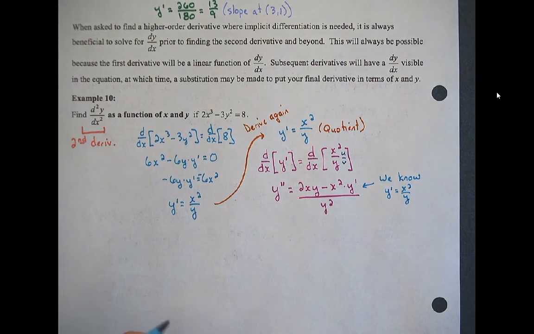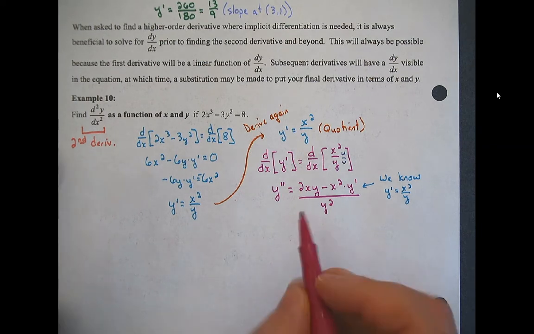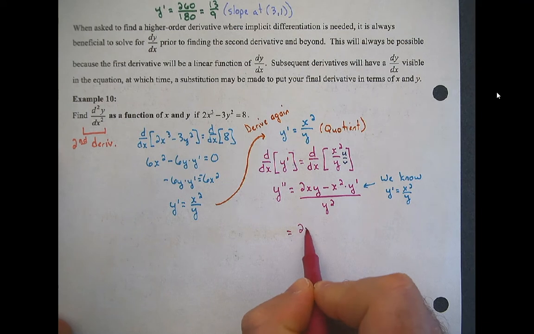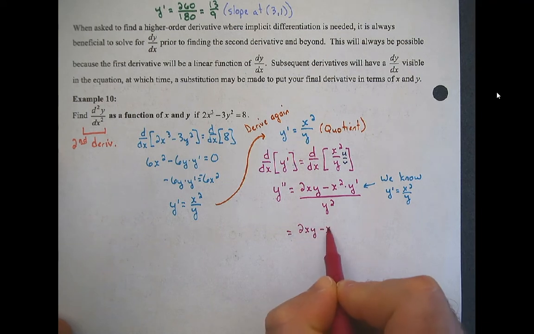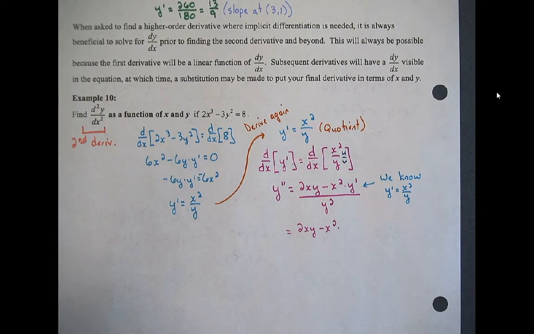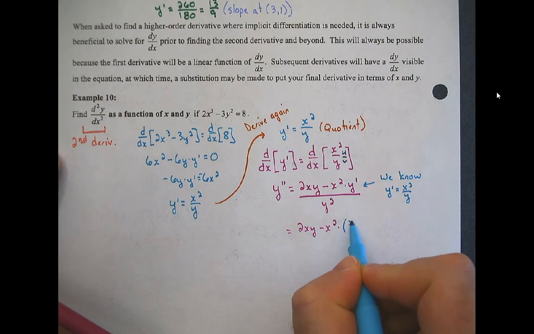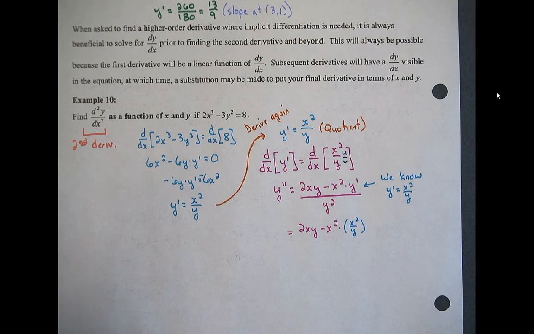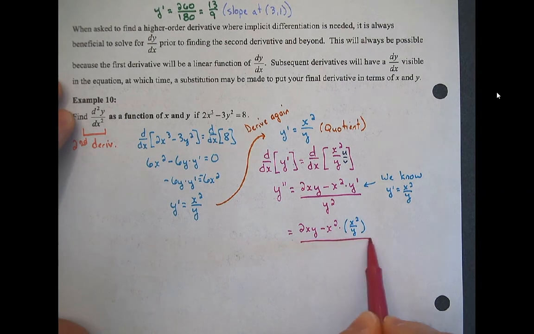So I'm going to take out that y prime piece and put that in its place. So I would have 2xy minus x squared times x squared over y, over y squared.